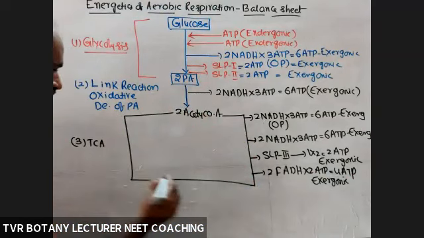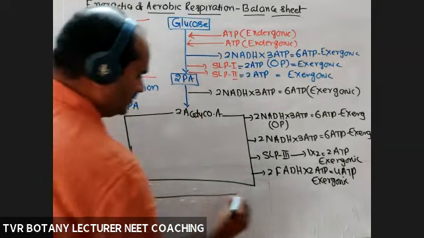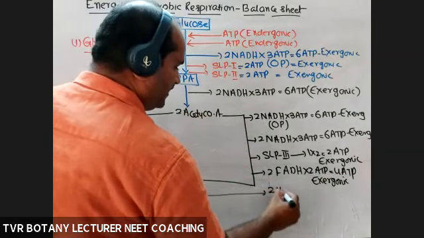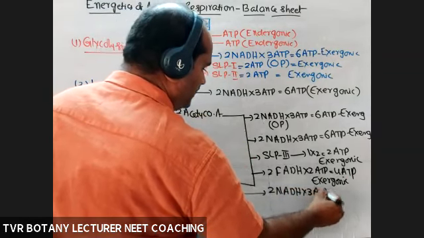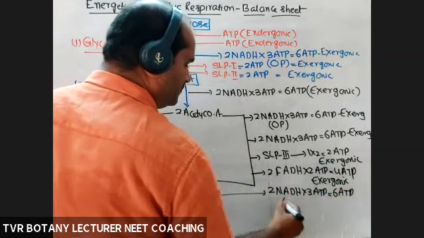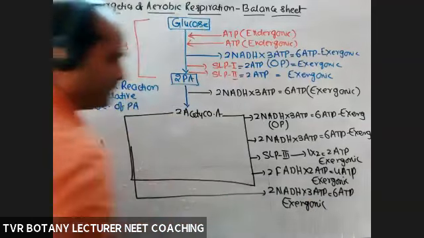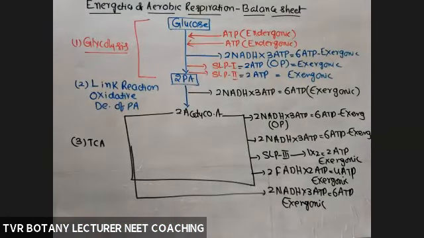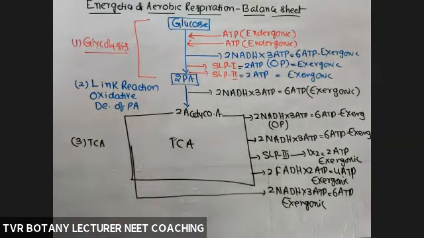Next, here I'm giving 2 molecules of NADH into 3 ATP molecules, 6 ATP molecules, OP based exergonic reaction. Okay, so this is a TCA cycle. Okay, so use this shortcut. Is it clear?